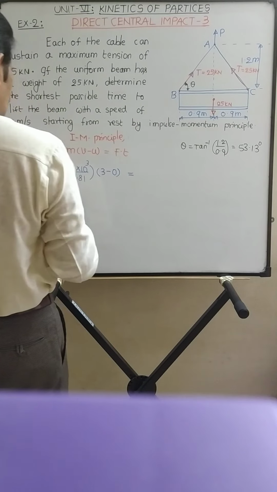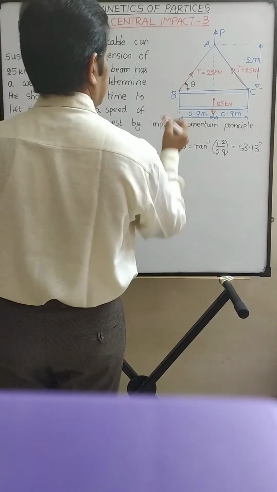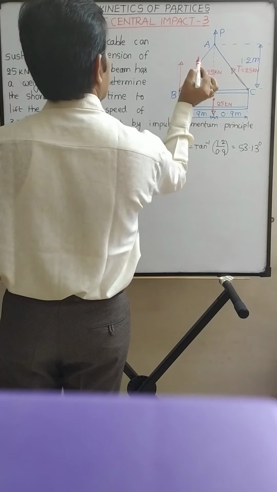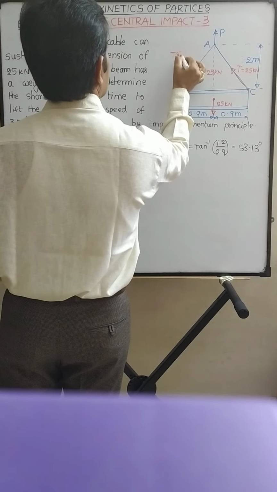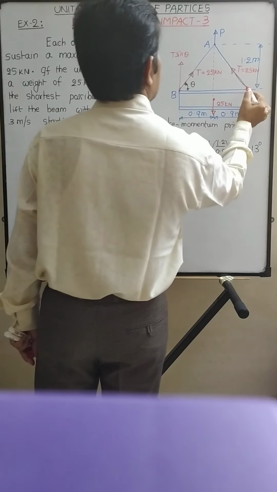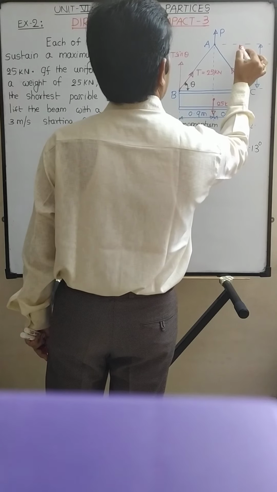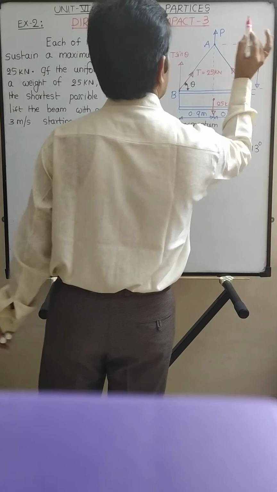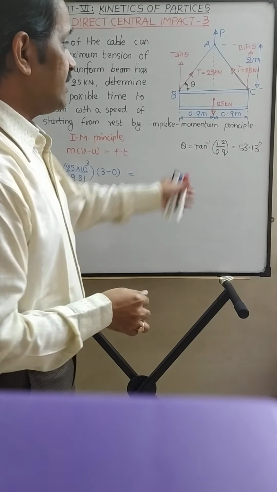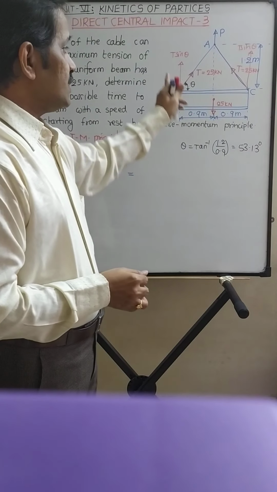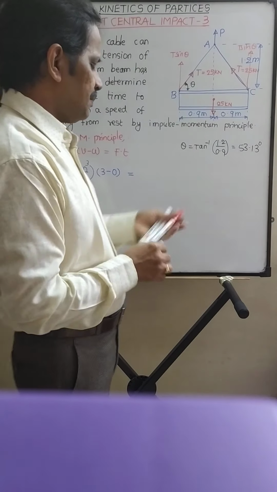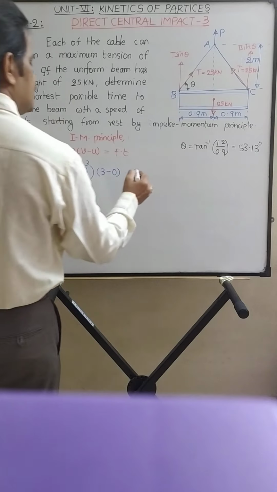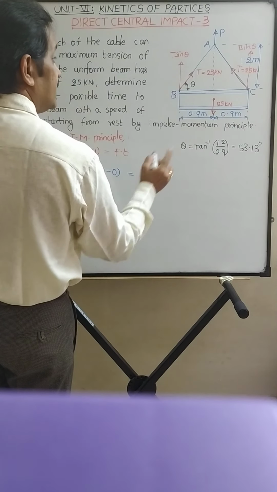See, the vertical component of tension is T sin theta. Similarly here the vertical component is T sin theta. You have to find out the resultant force in vertical direction. So T sin theta is acting upwards. So it is 2 into T sin theta.